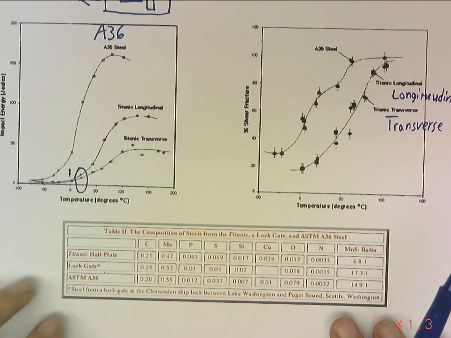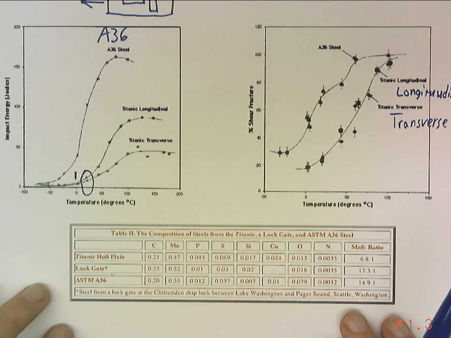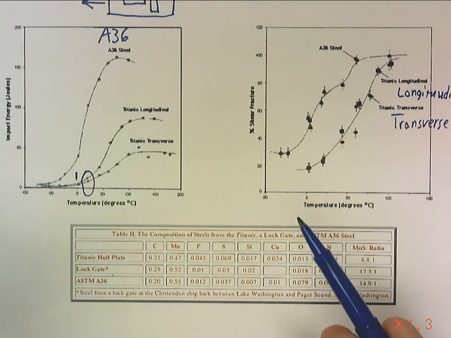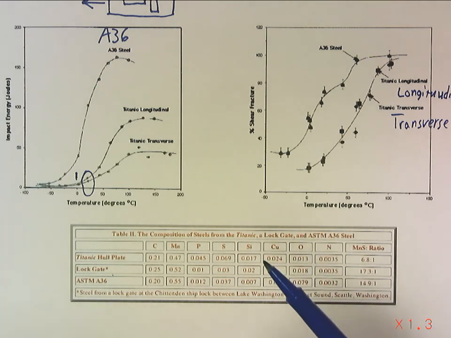Compared to a tensile test, the steel's not bad. Compared to a lot of factors for steel, the Titanic steel was fine. They didn't make it wrong. They just didn't know how to make steel yet. Again, this is a post-World War II discovery, which in terms of metallurgy is super modern, right?